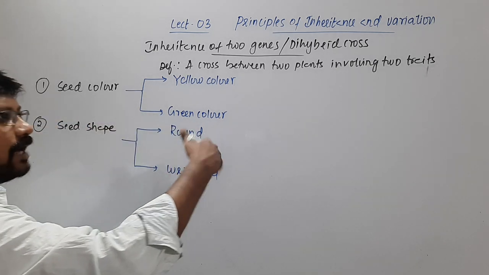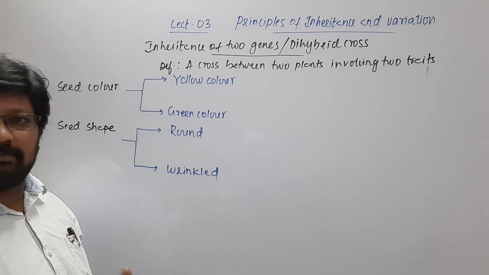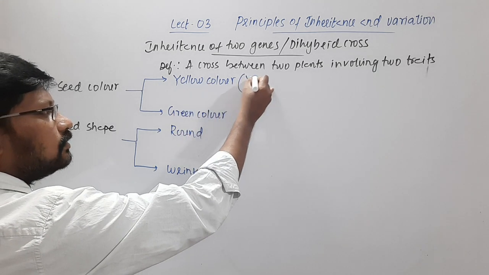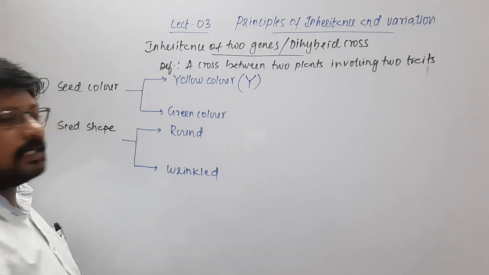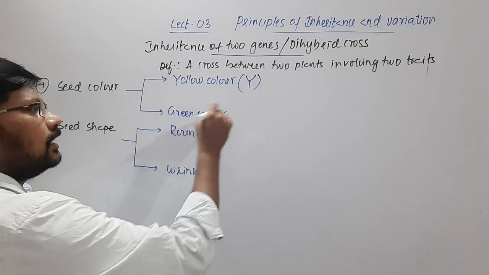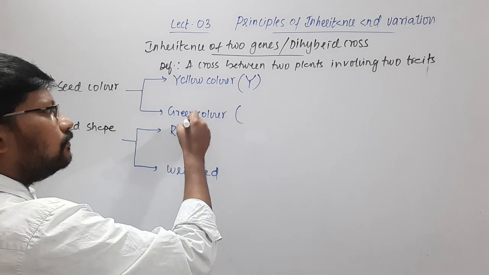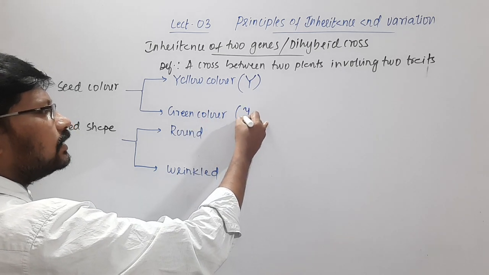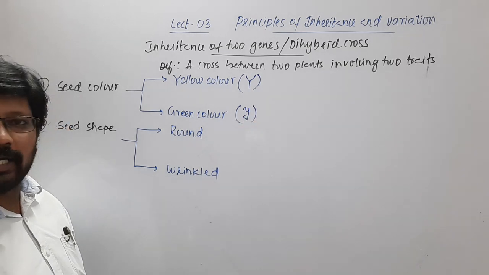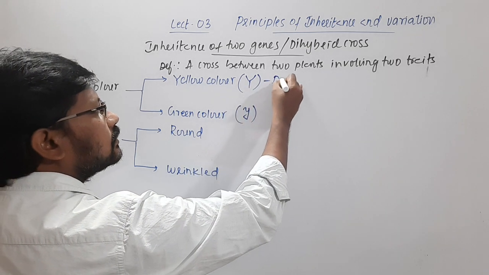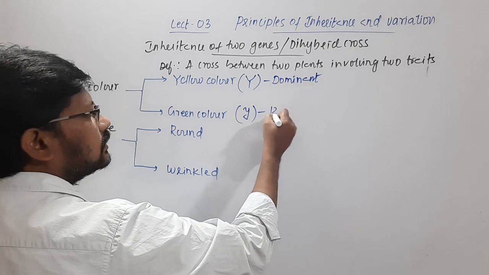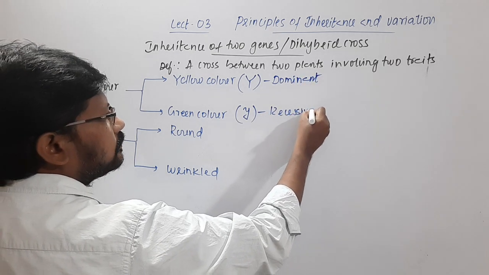And of course, after completing the experiment, Mendel came to know that yellow is dominant. So hence I'm going to take it with the capital Y. And its alternative form, the green color, I need to take with the same alphabet, but with a small letter. So this is dominant and this is recessive.